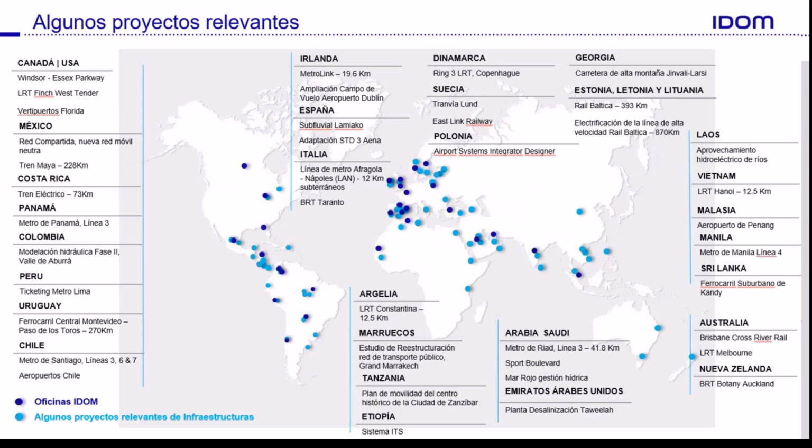Sorry, just very quickly, I saw that you are also participating in the Rail Baltic project. Maybe you can tell us very quickly about this project, because I think it's very impressive to understand what you're doing there. Yes, it's a massive project based in Estonia, Latvia, and Lithuania, which will connect these three countries with a railway track of about 400 kilometers.